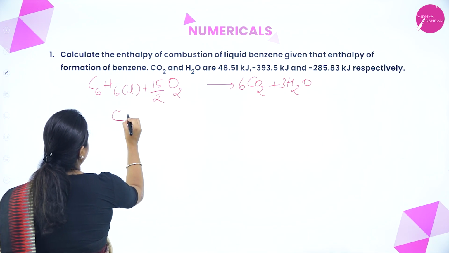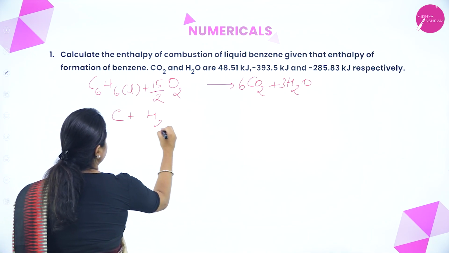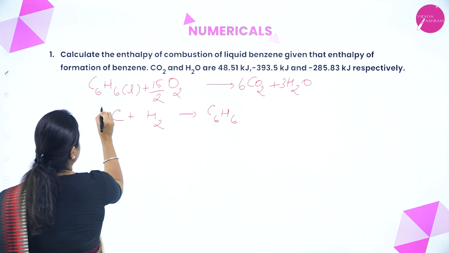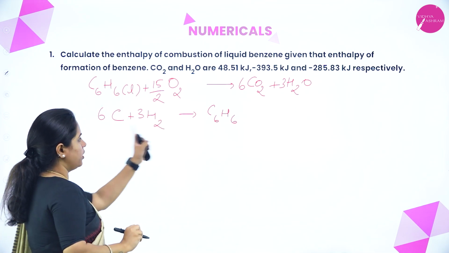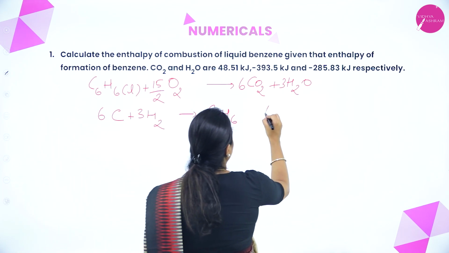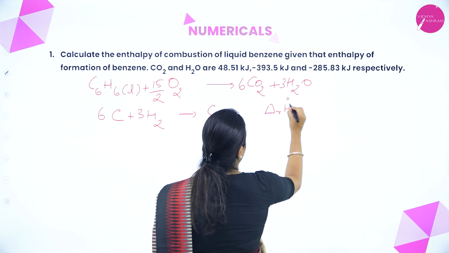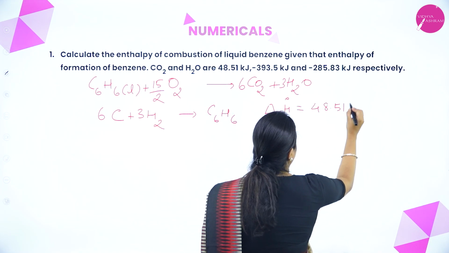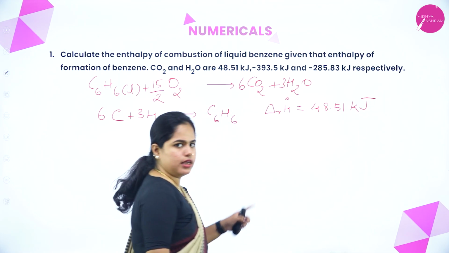So the first one is given, the enthalpy of formation of benzene. So how is benzene formed? Carbon plus hydrogen will give you C6H6. So to balance it, 6 here, 3 here. So C6H6 is a balanced chemical equation. And the enthalpy of this particular reaction is already given, that is 48.51 kilojoule. Right.